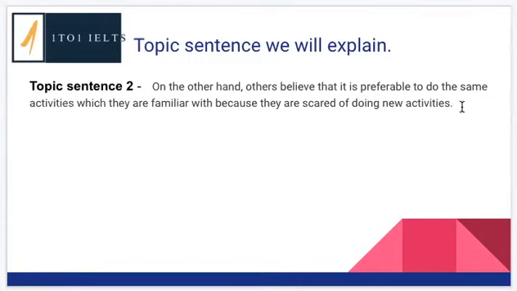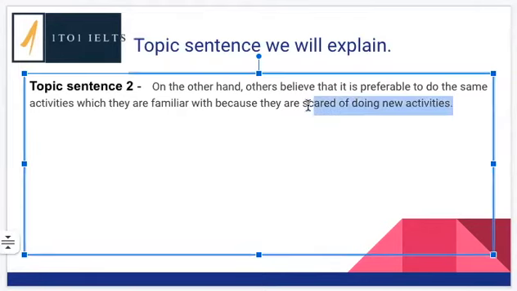Yeah, they're scared of doing. So this was the idea that we came up with. So remember, you're always trying to explain your idea. So why are they scared of doing new activities?